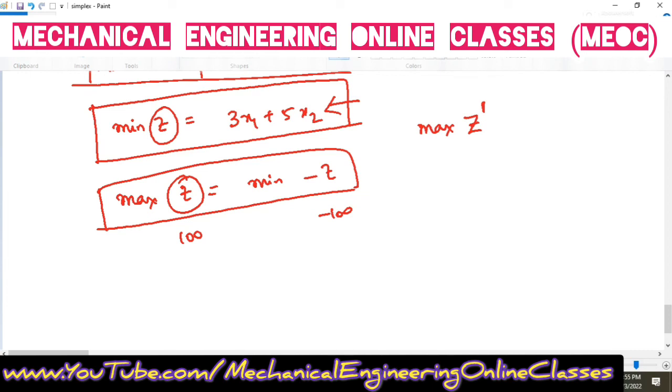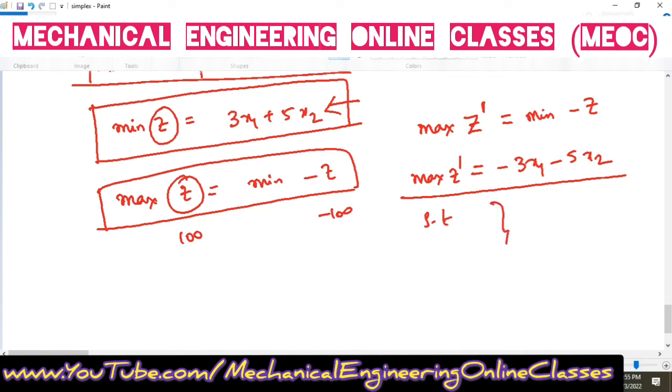We have some confusion, say whether it is NER or whether it is a minimum row ratio, whatever it is. Now I am converting this into a max type of problem. Let us see how. Maximize z prime is equal to minimum minus z, nothing but minus 3x1 minus 5x2. Now this is your max problem.